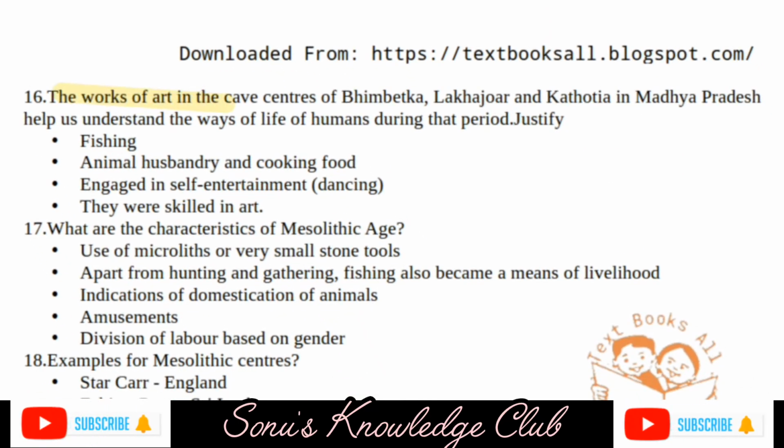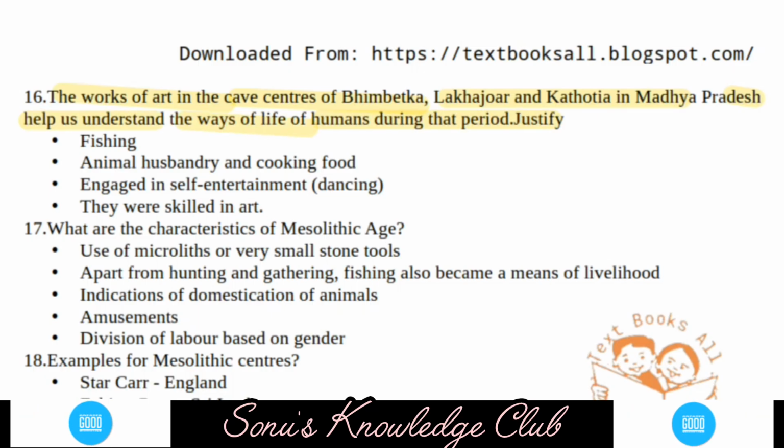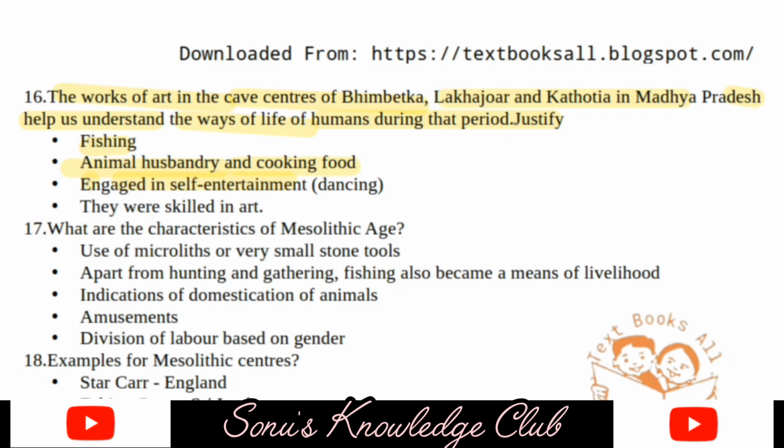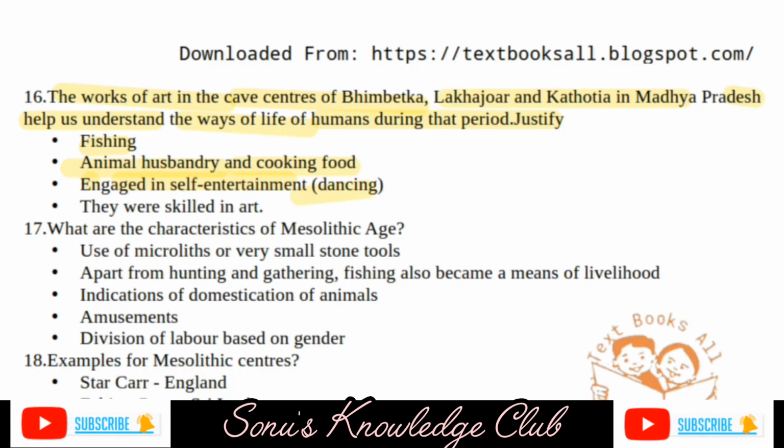The works of art in the cave centers of Bhimbetka, like Hajor and Kathotia in Madhya Pradesh, help us understand the ways of life of humans during that period. Justify: fishing, animal husbandry and cooking food, engaging in self-entertainment or dancing. They were skilled in art.